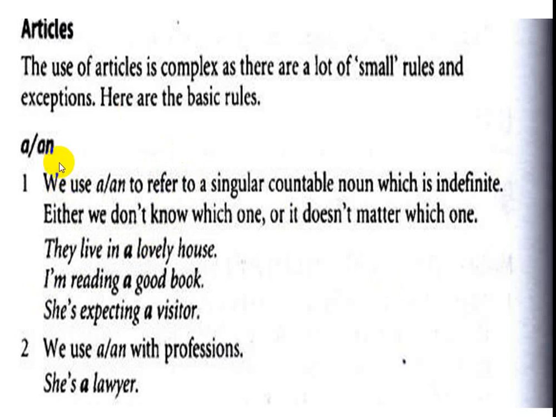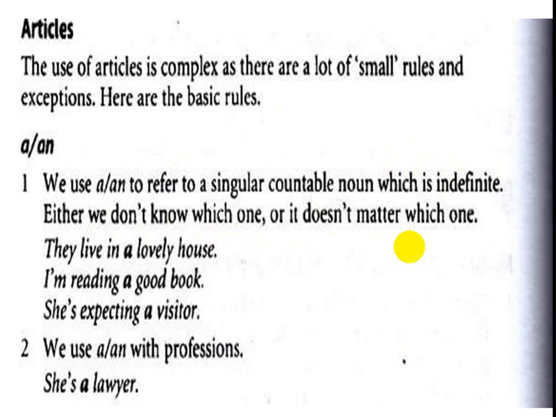A and an. We use a and an to refer to a singular countable noun which is indefinite. It is indefinite. Either we don't know which one or it doesn't matter which one.